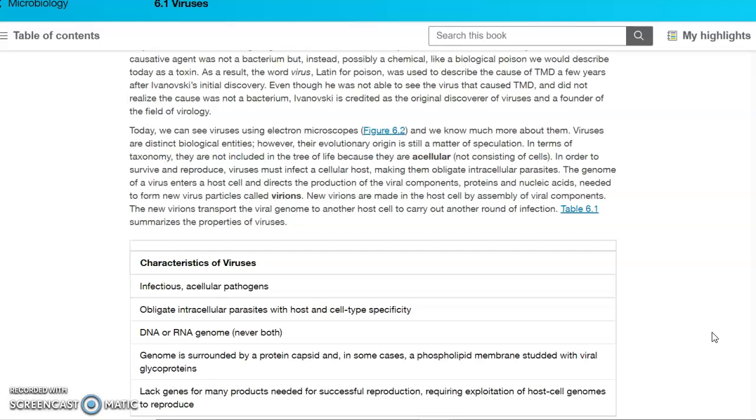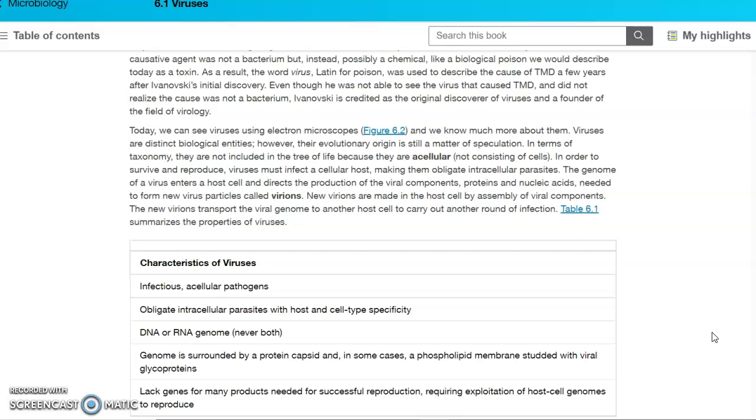In order for viruses to metabolize or reproduce, they must first take over a host cell. So they are referred to as obligate intracellular parasites. They have to live inside of a cell in order to achieve their ultimate goal of replication.